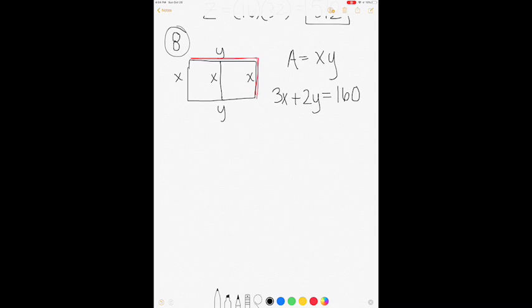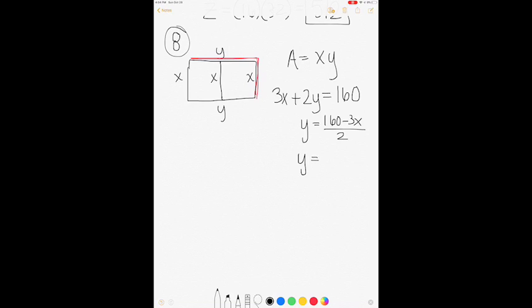So I need to find the derivative of the area, but before I can do that, I need to rewrite it in terms of one variable. So let's solve for Y. So 160 minus 3x over 2.